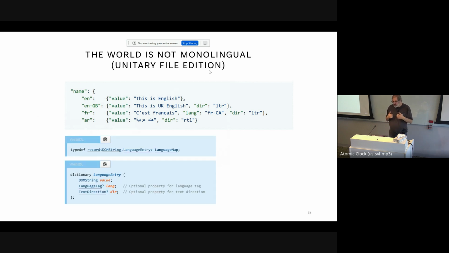There's WebIDL for it: a language entry and a language map. There's always a string value. Optionally, you can add a language or direction override to the string, and then each entry is keyed by a language tag.